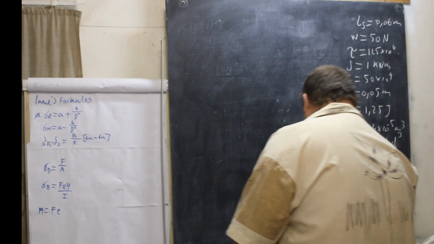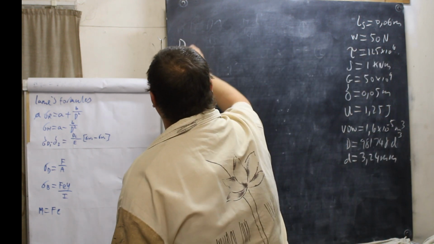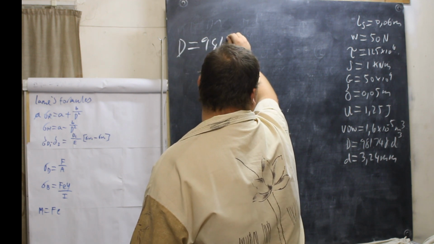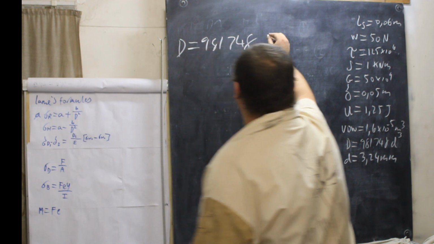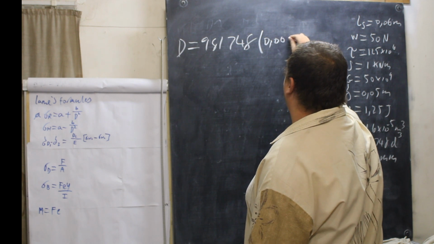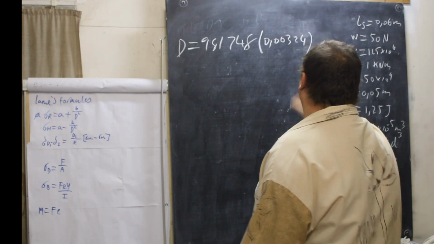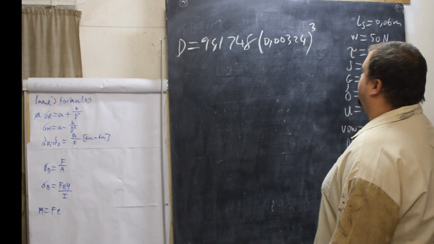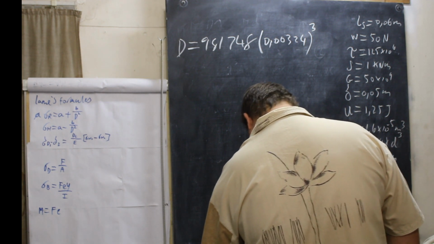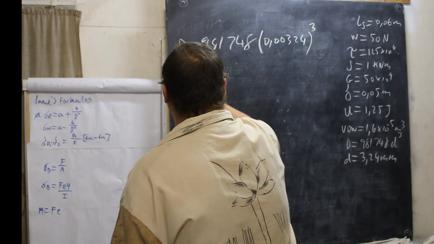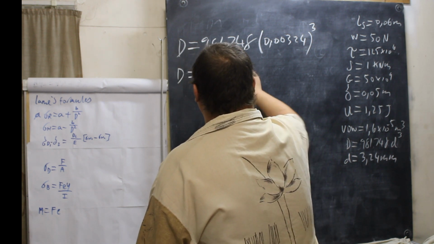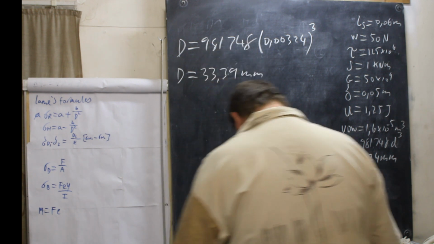So, the mean diameter is big D equals 981,748 times 0,00324 cubed. And big D is equal to 33,39 millimeters.